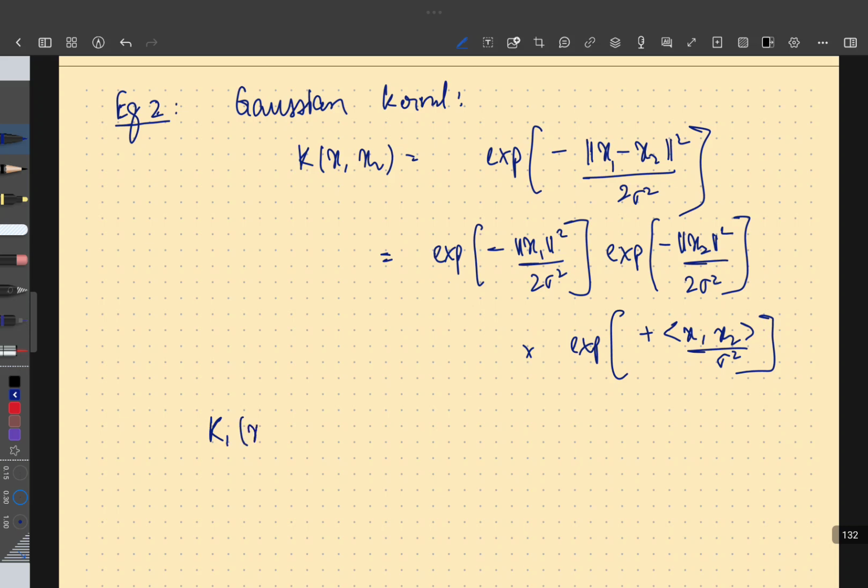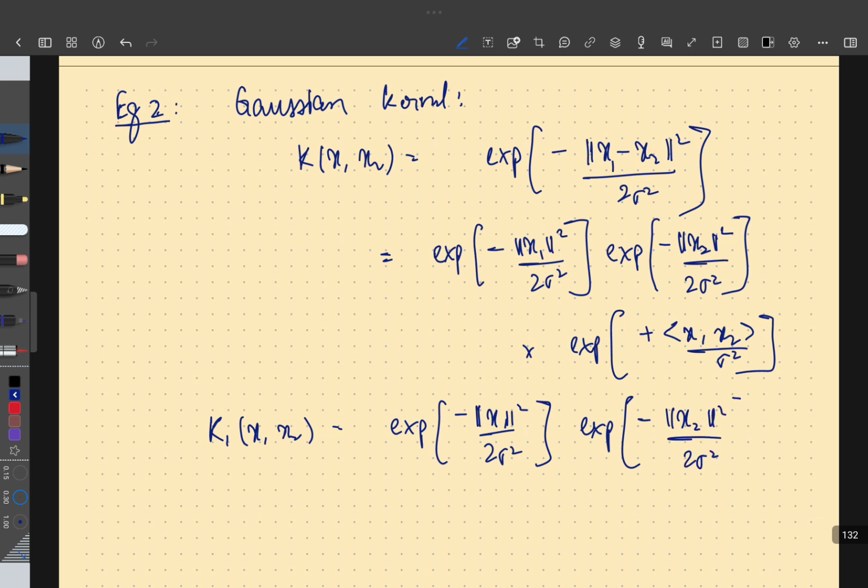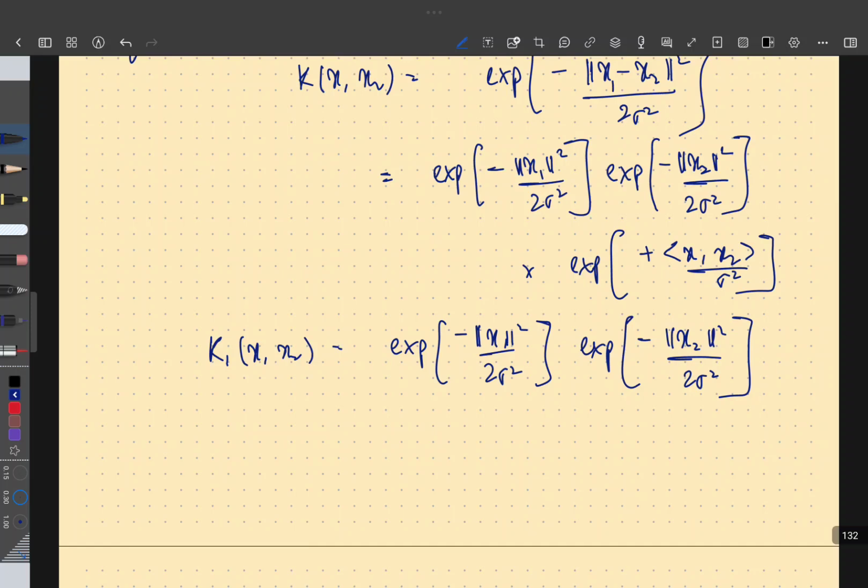Say k1 of x1, x2 equal to e to the power minus norm x1 squared by 2 sigma squared times e to the power minus norm x2 squared divided by 2 sigma squared.